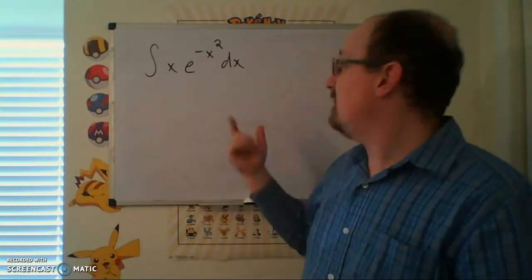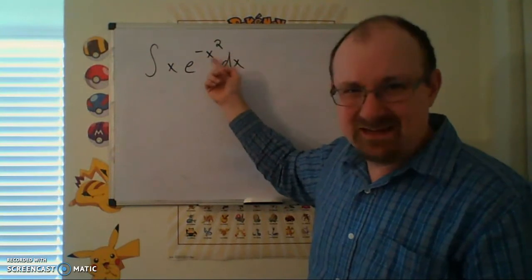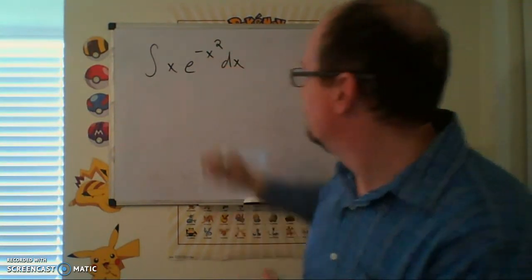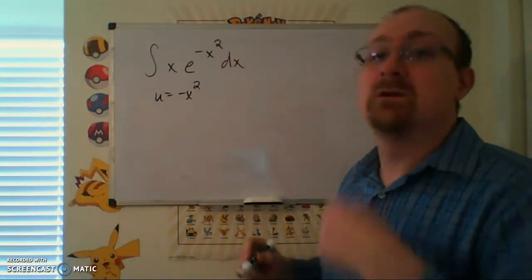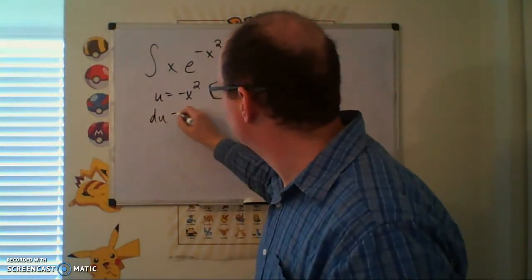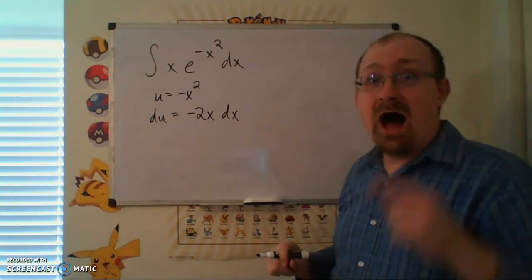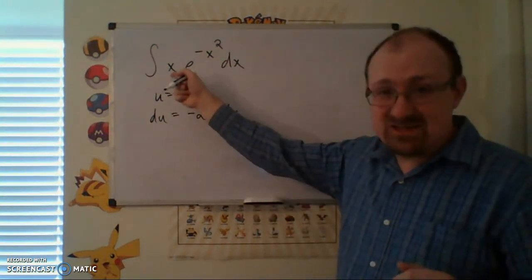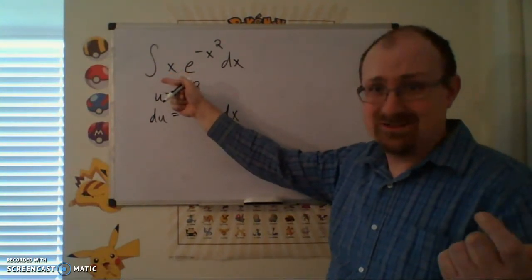Anyway, as it's written though, we don't have an exact match here. Let's call that our u. u is negative x squared. du, like we do, is negative 2x dx. And now, that's why there's this x floating around, because Professor Carroll likes us and wants us to be able to work this out.